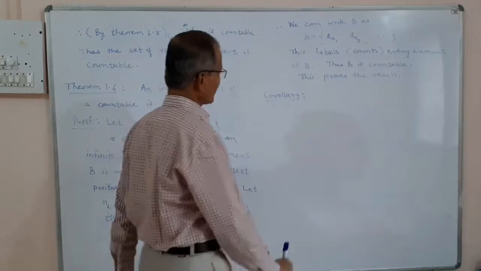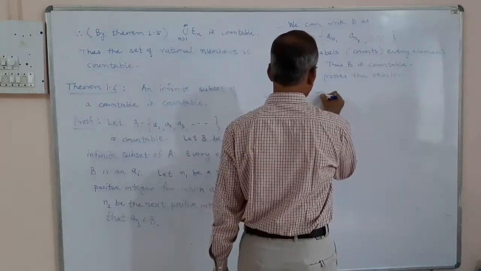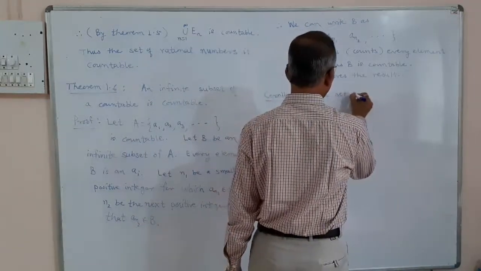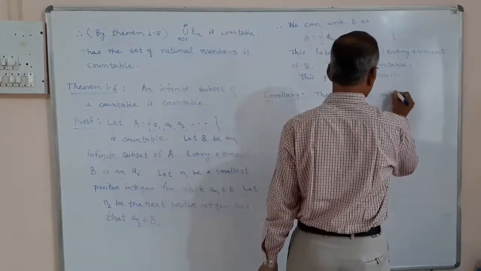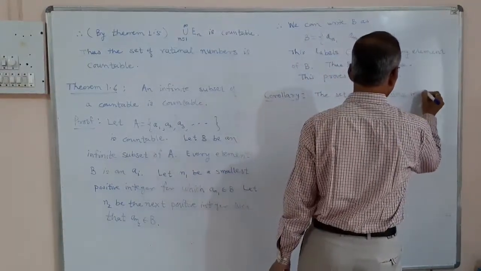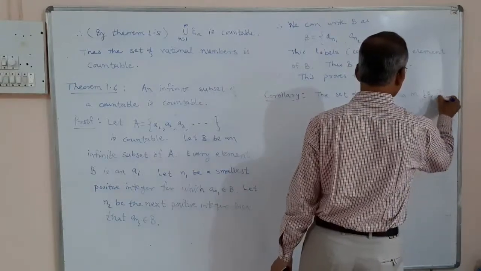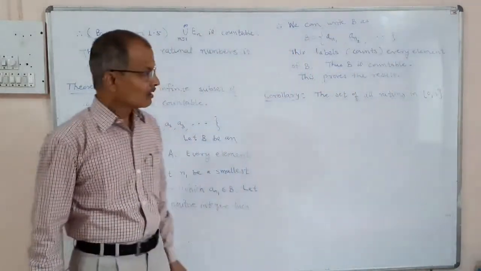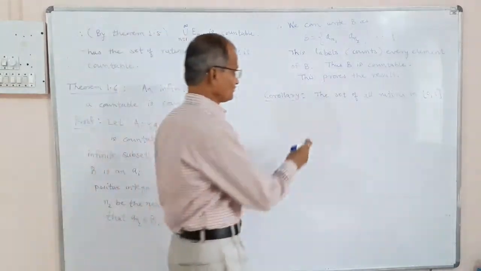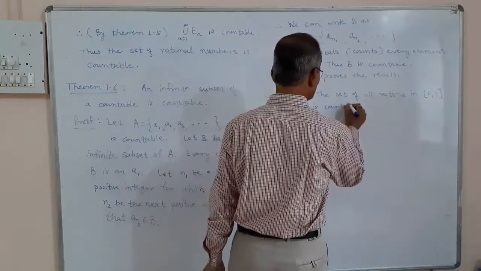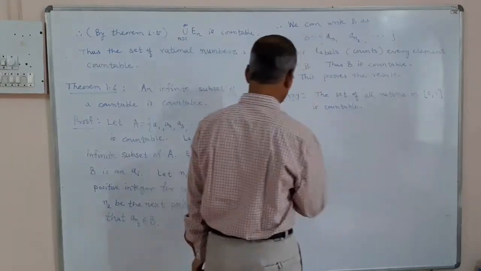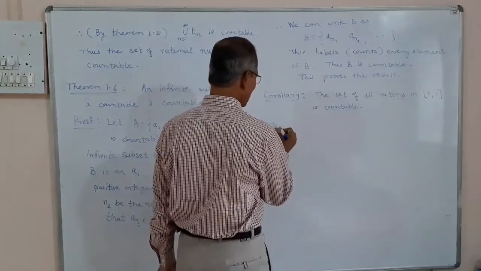The set of all rationals in this interval 0 to 1 is countable. Now how will we prove this? So the proof is simple.